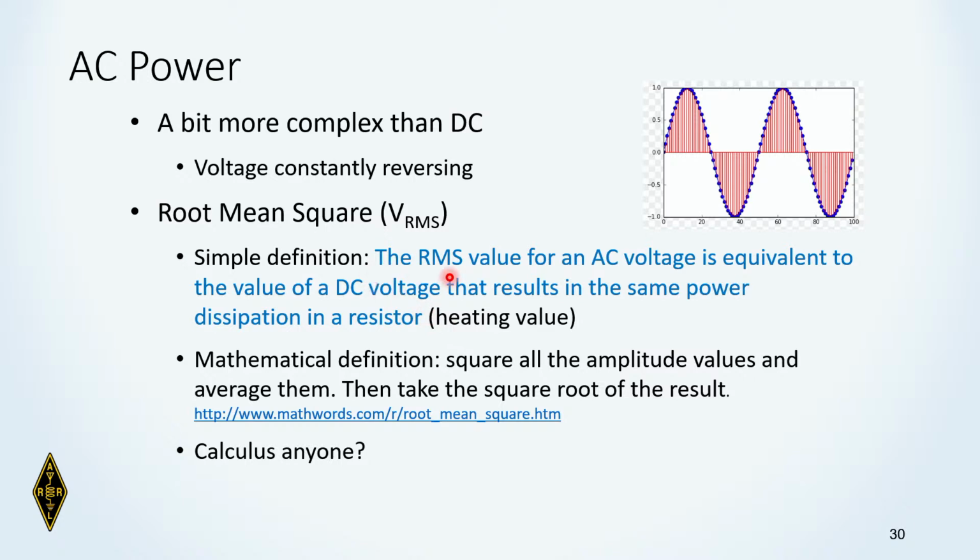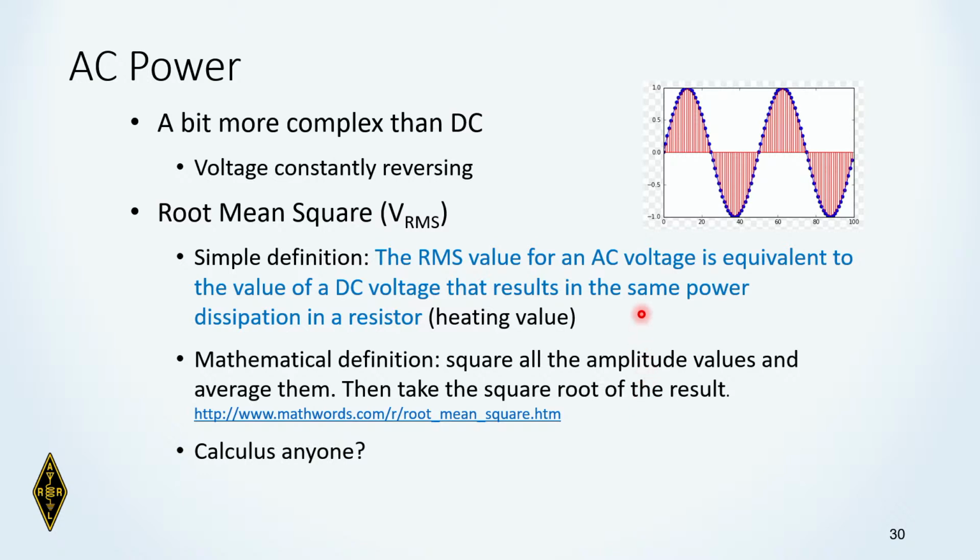So the simple definition, the RMS value of an AC voltage is equivalent to the value of a DC voltage that results in the same amount of heating. The mathematical definition, and you're going to love this, you have to square all of the amplitude values. Notice there's a whole bunch of samples here. You take each one of those individual samples and square it, then average them, and then take the square root of the result.